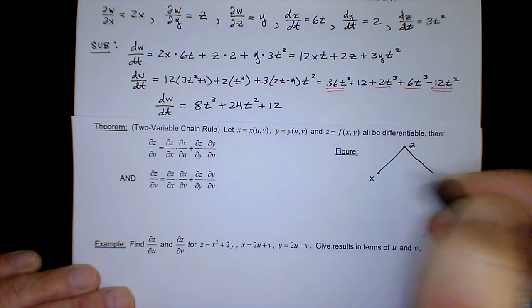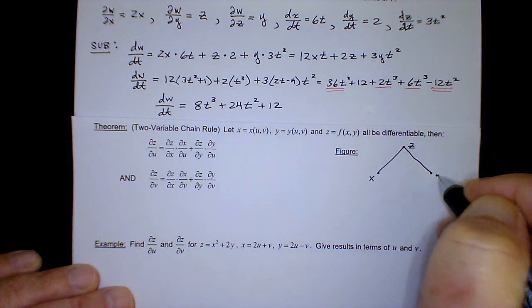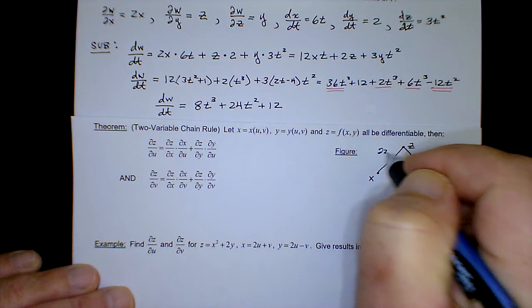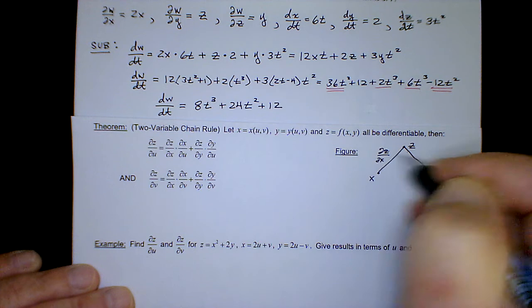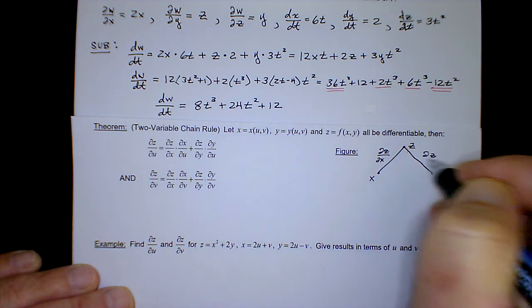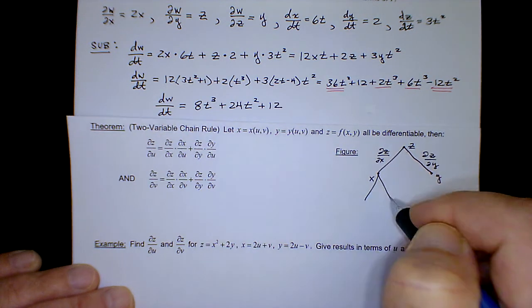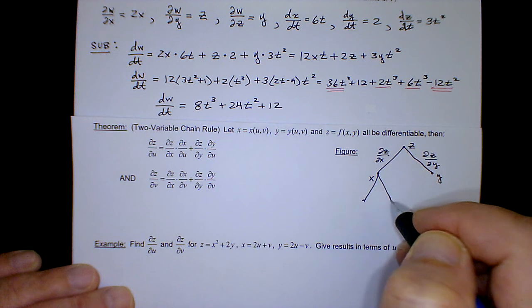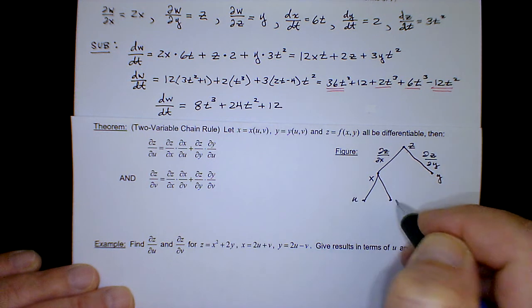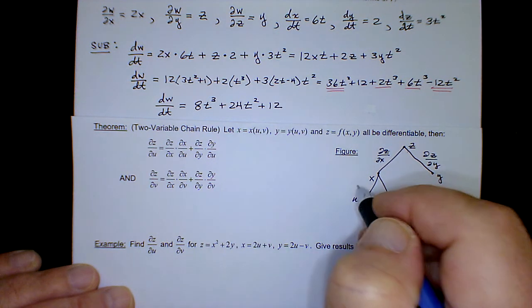Because it's a function of two variables, these would be the partial of z with respect to x and the partial of z with respect to y. But then x and y are both functions of u and v, so those would be partial derivatives as well.